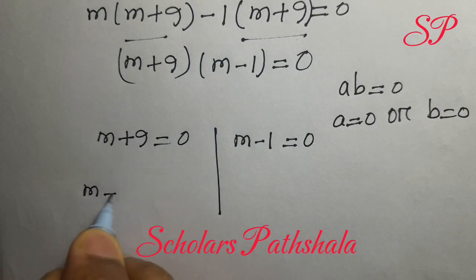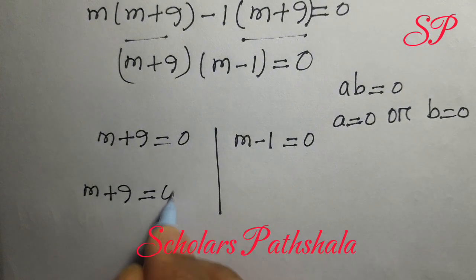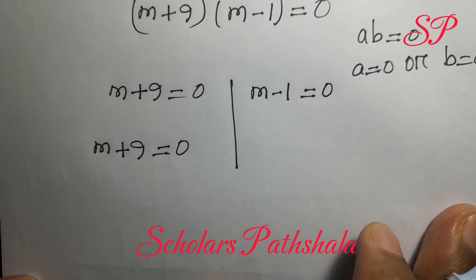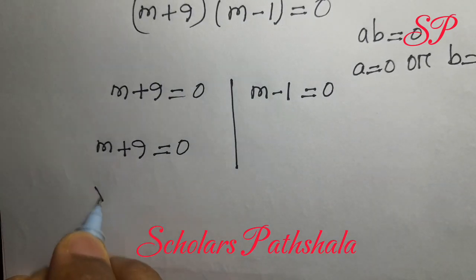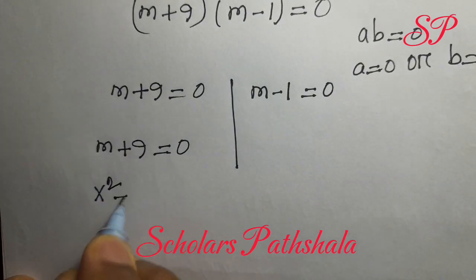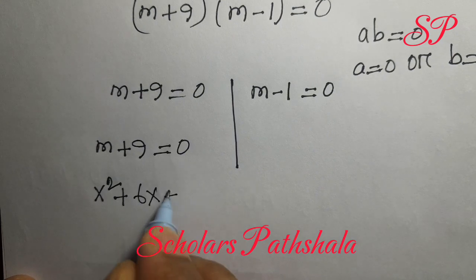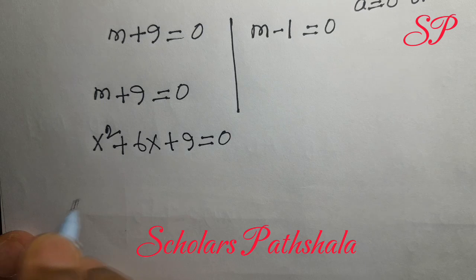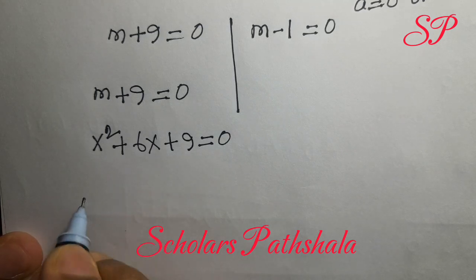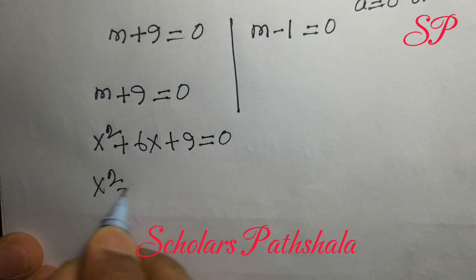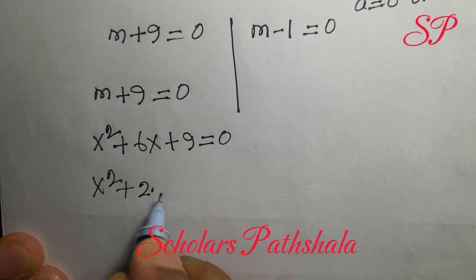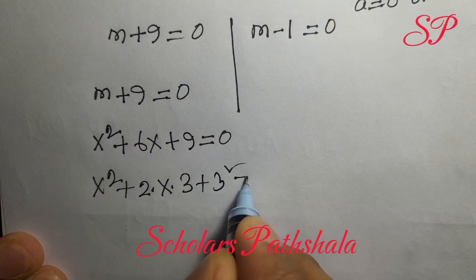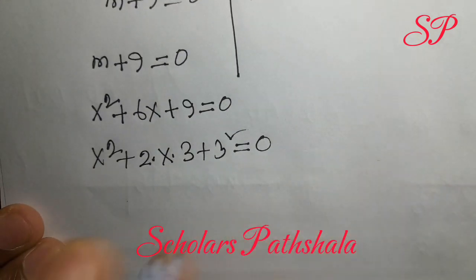Here m plus 9 is equal to 0. Putting the value of m, we can write x squared plus 6x plus 9 is equal to 0. Here we can write it as x squared plus 2 into x into 3 plus 3 squared is equal to 0.